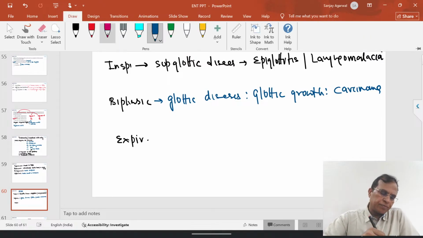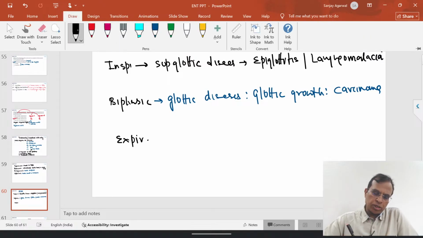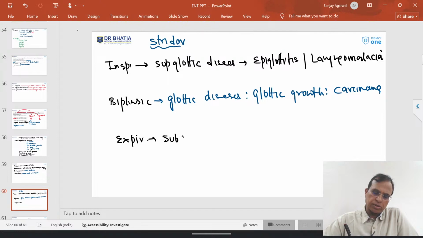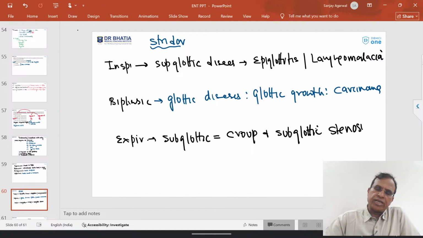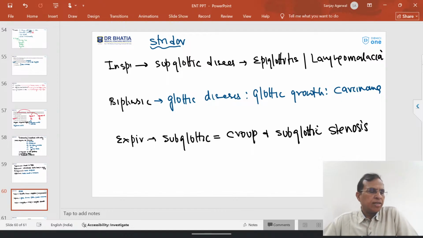Expiratory stridor is due to subglottic growth, example croup and subglottic stenosis. So I've told you the 3 types of stridor कब होता है. I've also given you the name of the important diseases जिसमें ये stridor होता है. Right? So I think this is what you are asking, Dr. Pativa. Is this your question?